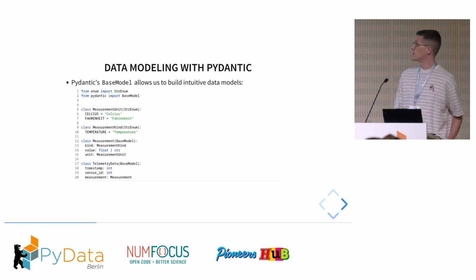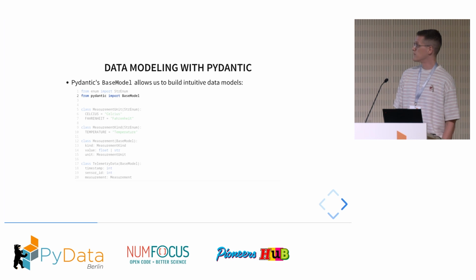So in Python, the go-to for modeling data in that way is probably Pydantic, although there are other options around. I think the most prominent alternative would be msgspec. But what we are doing here is we use the Pydantic BaseModel to model the way our data looks. For this, we just import the BaseModel.